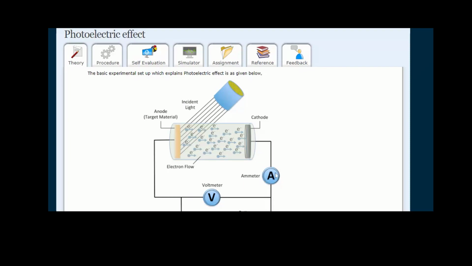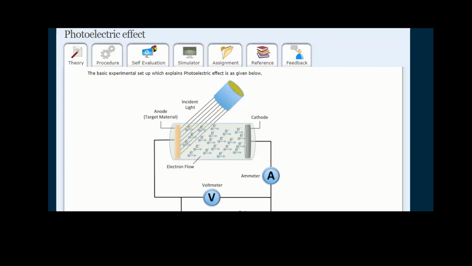In this experiment, we will give the voltage in the reverse way. That means in the reverse biasing case, you will apply the voltage. If electrons are going in the positive direction and you apply a reverse potential in the negative direction, and if those electrons are coming with 2 electron volts and you apply a voltage equal to minus 2 volts, then this current will become 0.